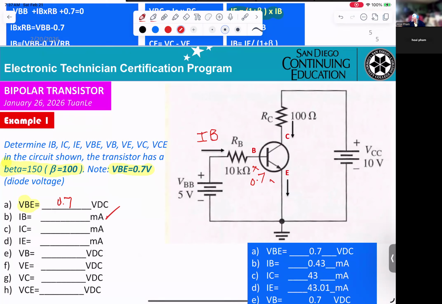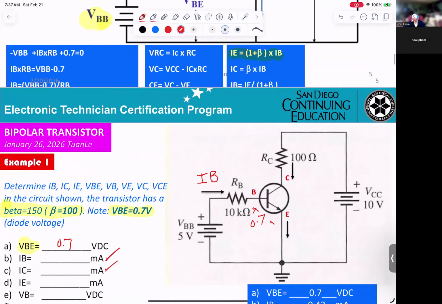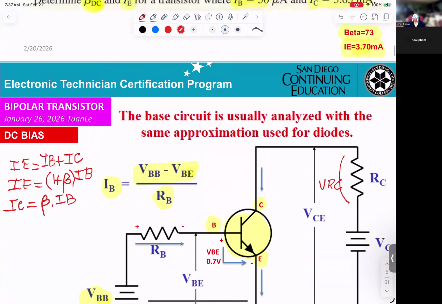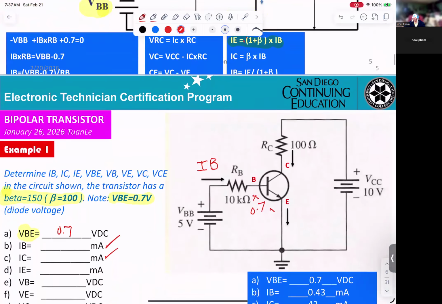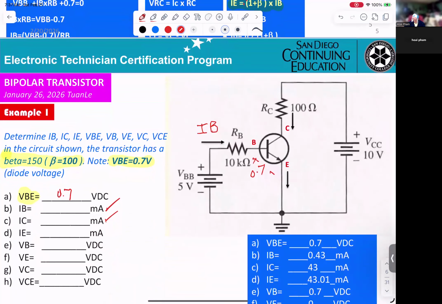IC equal beta times IB. IE, we prefer to use this formula: IE equal 1 plus beta times IB.